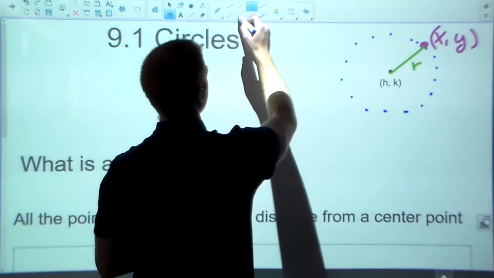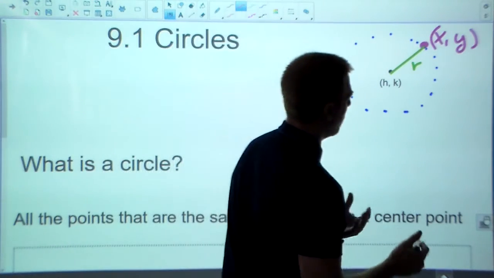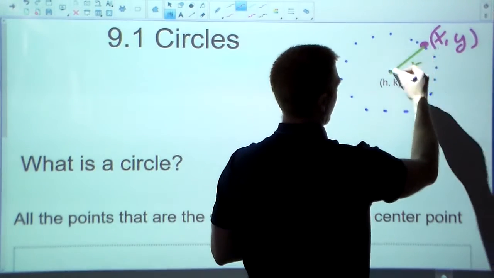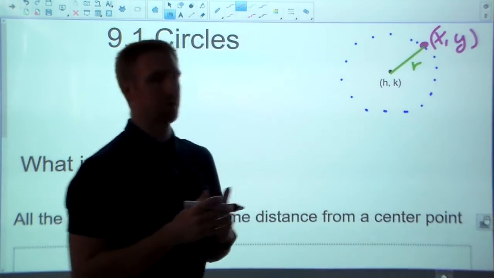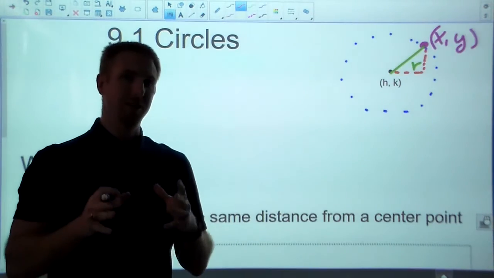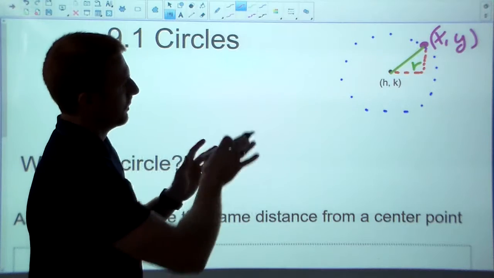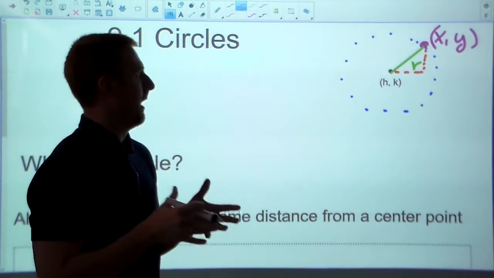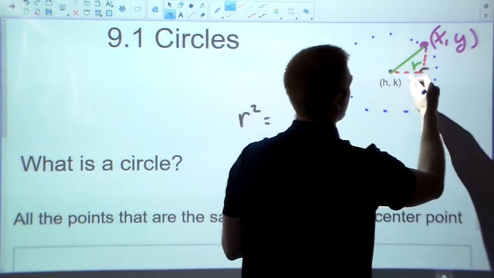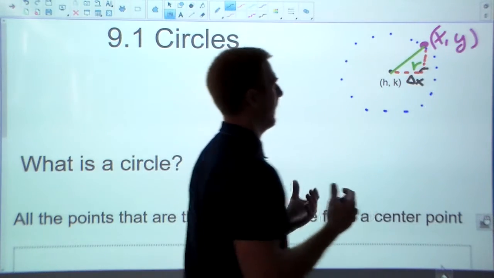Now this is going to look really similar to what you did back in chapter 4 when we were doing the unit circle. Because if that radius is a specific distance from the center, it's always going to be the same amount. So we should be able to use the distance formula using those points to define that radius. Now how far over do you go? Whatever this change in x is, delta means change.